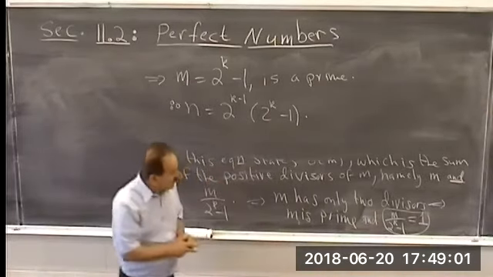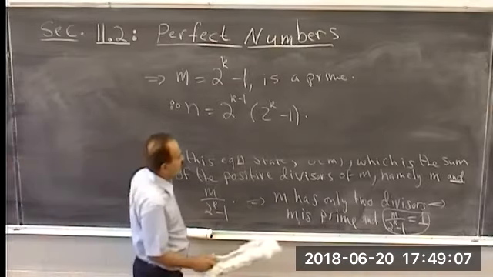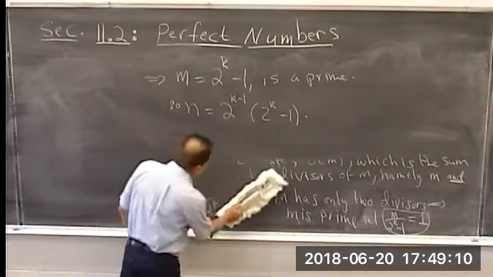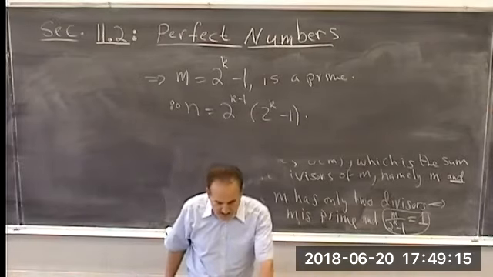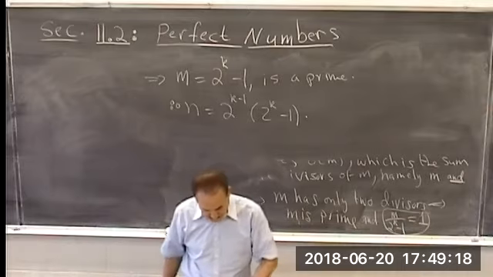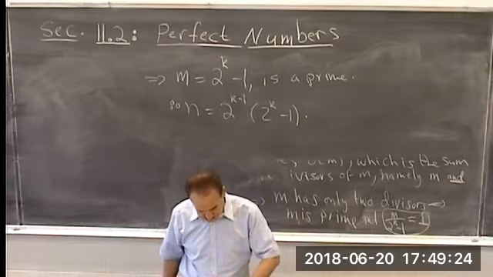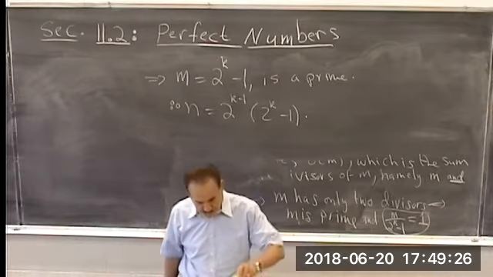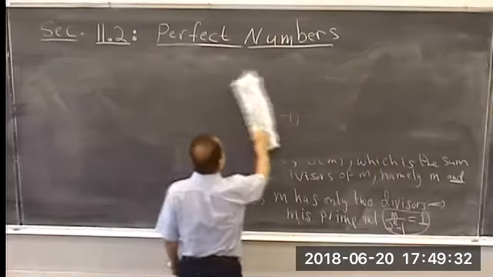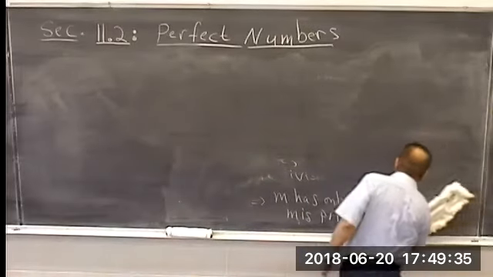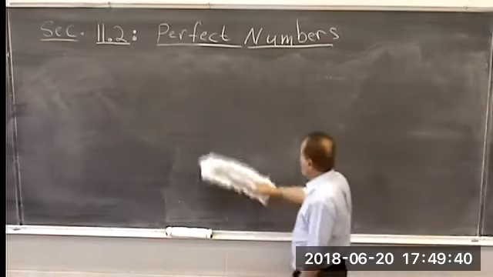All right. Sorry for the steps in the proof of this, but I hope they are clarified. All right. The next thing we want to look at is this special form, this number 2 to the k minus 1 being a prime, which plays an important role.